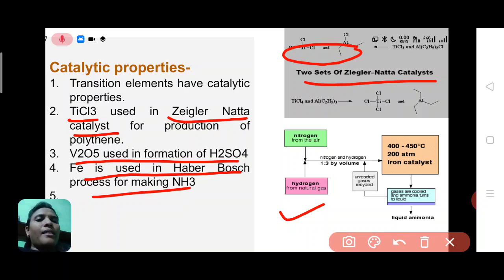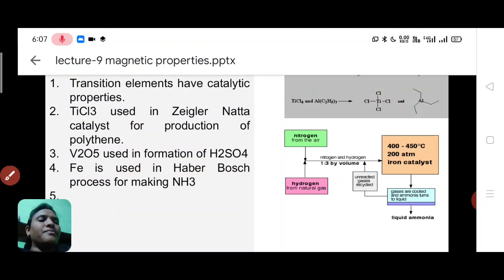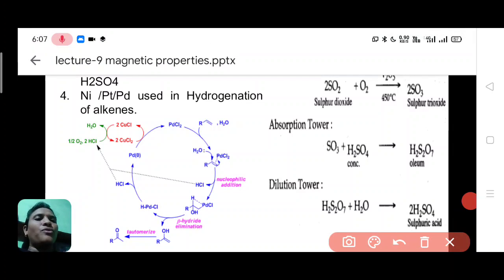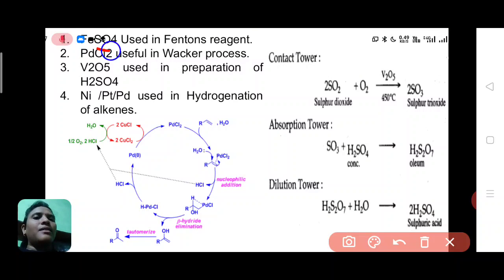Next, FeSO4 is used as Fenton's reagent. Then PdCl2 is useful in the Wacker process, and in this Wacker process there is a use of PdCl2.